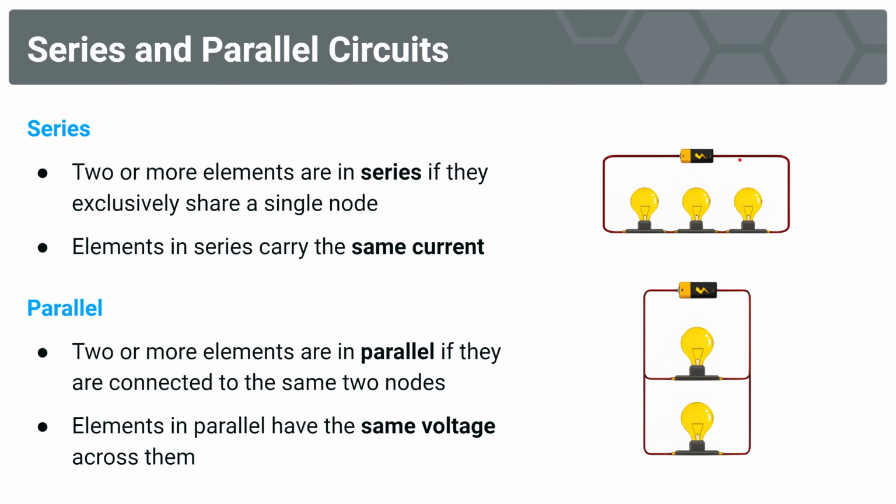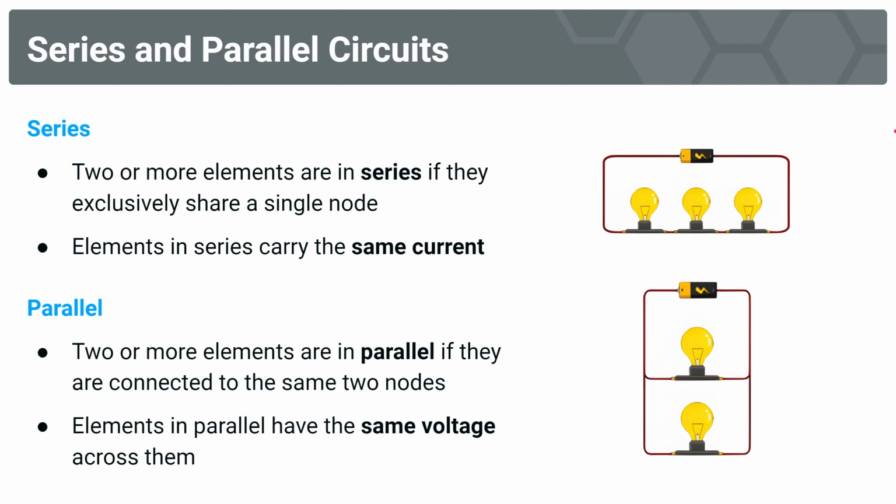And so, and here's the cool thing, if the circuit elements are in series, they carry the same current. We have, let's say, a 20 milliamp current flowing out of the positive terminal of the battery. That 20 milliamps flows through each incandescent bulb as well. It's the same current, and it flows all the way back to the negative terminal of the battery.